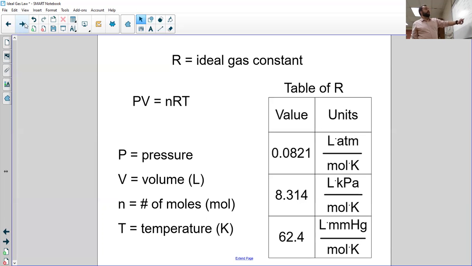The only thing different about them is atmospheres, kilopascals, and millimeters mercury. What those are is because of the pressure that we choose. So whatever our pressure is in, we choose an R value that correlates with that, so we don't have to use all those conversion factors. So write these three down in your notes with those units. Make sure you have those so you can look back at them.